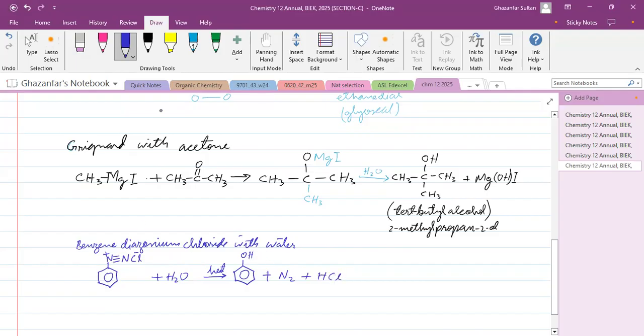One more thing: in your book, the structure of this diazonium chloride is written wrong on page number 174. Here they have written diazonium chloride as this.